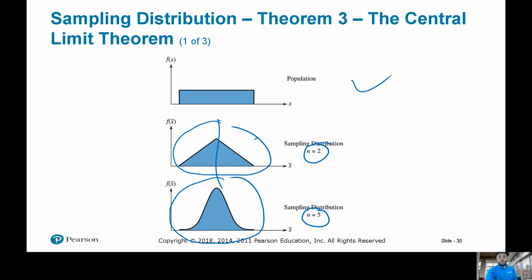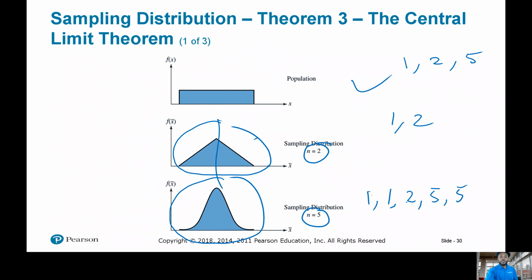Let's say the population was ages, and we had 3 children: one is 1 year old, one is 2 years old, and one is 5 years old. Now we draw a sample. Let's say one of our samples is 1 and 2. And let's take a different sample with replacement, so we have 1, 1, 2, 5, 5, or something like that.